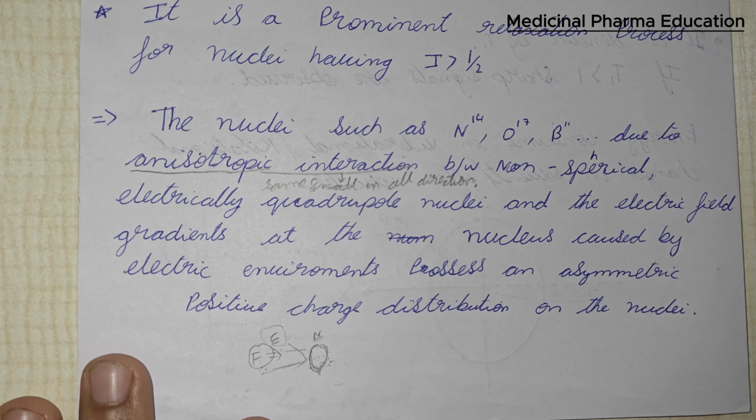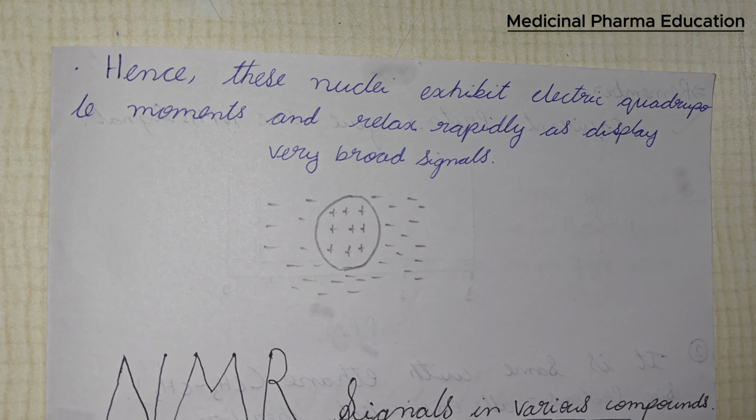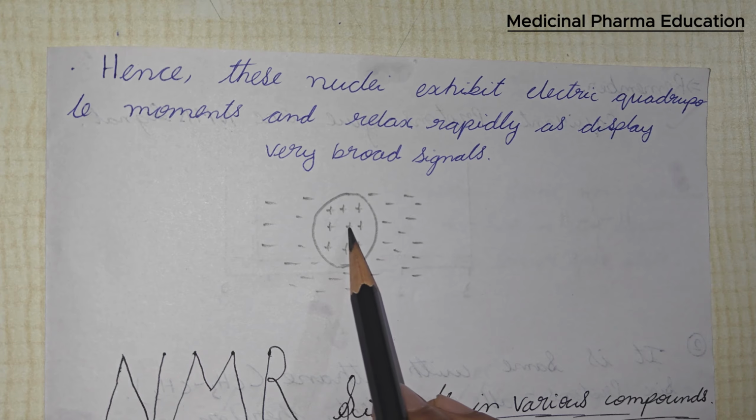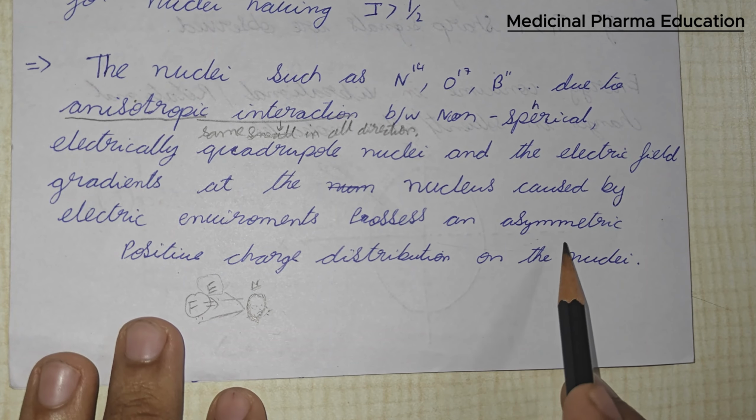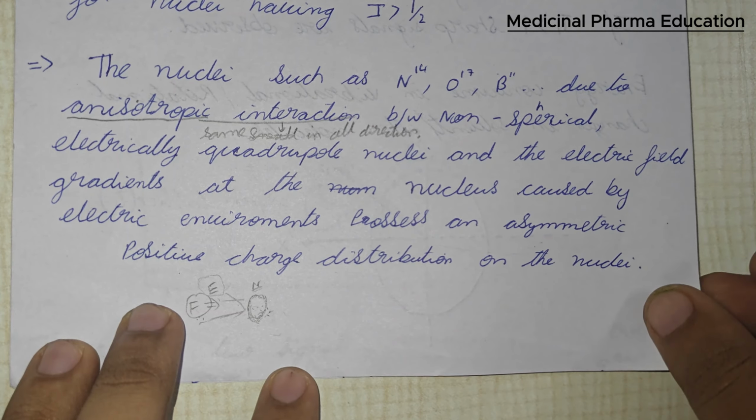This is the basic concept. The electric field is applied on the non-spherical quadrupole nucleus. It causes the electrical environment, and this contains an asymmetrical positive charge distribution on the nucleus.